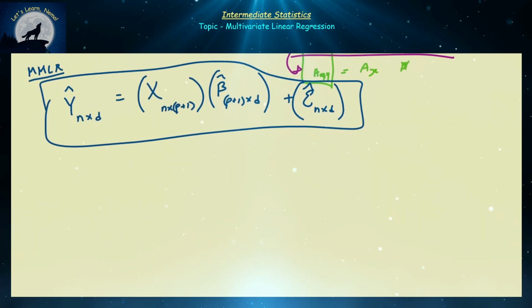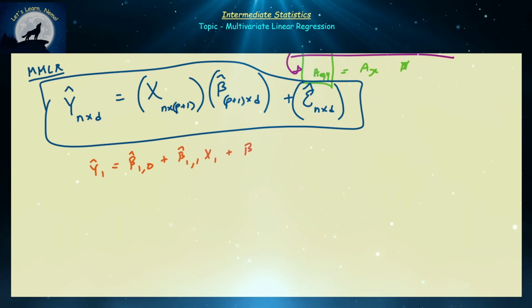So if we were to look at this, what are we going to have? We're obviously going to have a y hat 1, which is equal to beta hat 1,0, that's our intercept for our first model, and then beta hat 1,1 times x1 plus beta hat 1,2 times x2, all the way down to beta hat 1,p times xp.